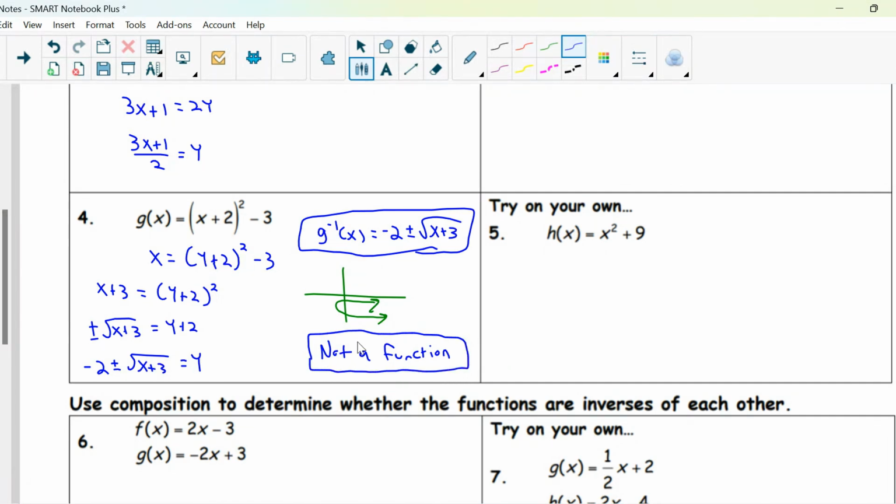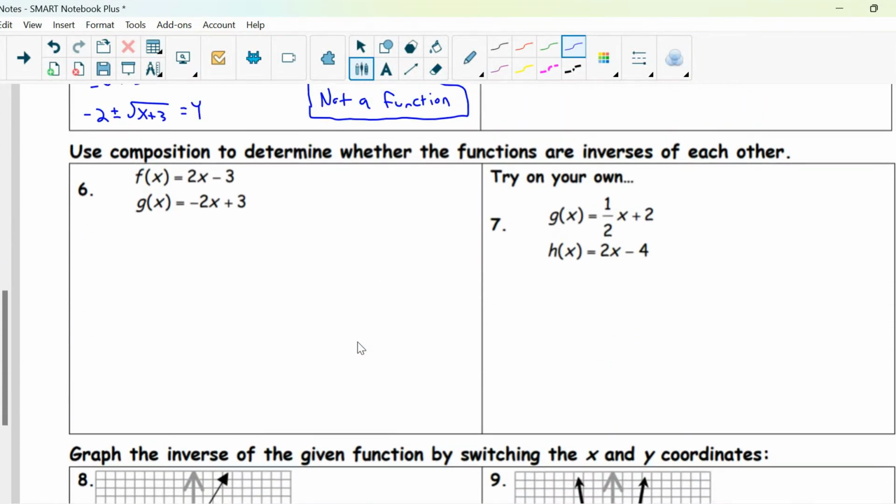Okay, so another way that you can tell whether or not functions are inverses of each other is by using composition. With composition, if you were to compose the two functions and get x as your result for both compositions, so in this case, if I take f of g of x and get x, and if I take g of f of x and I get x, then yes, they would be inverses.